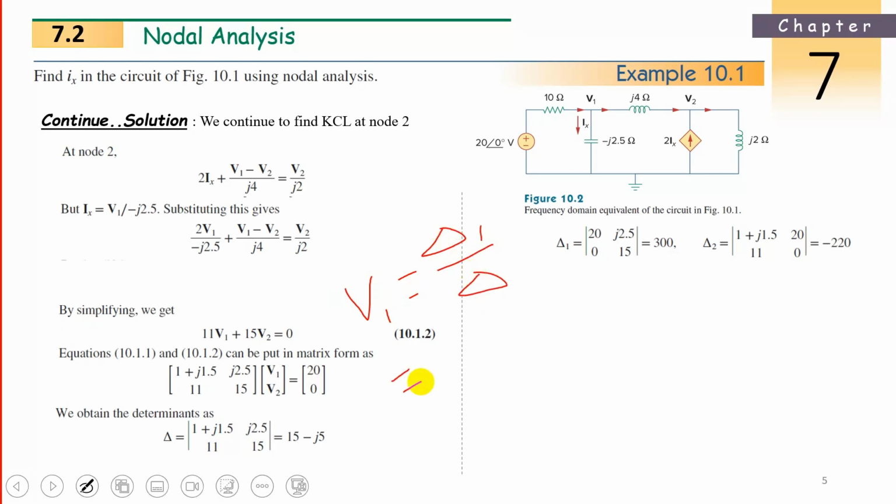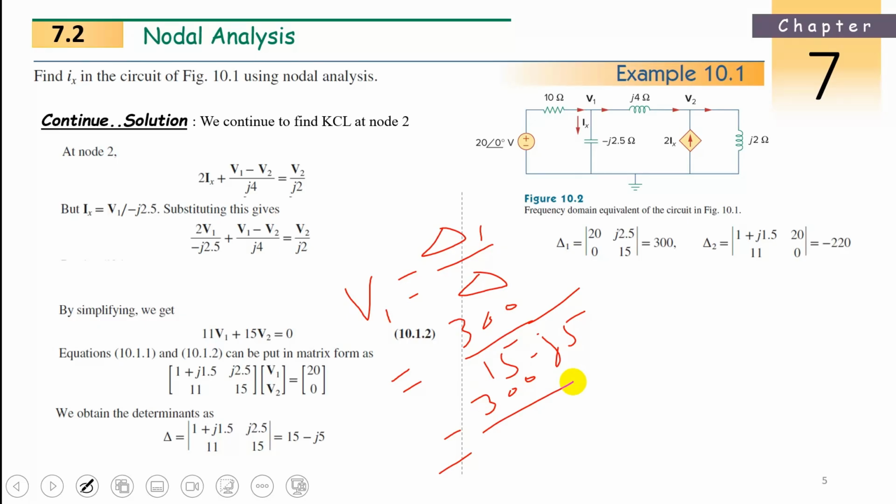What is delta 1? 300 divided by 15 minus j5. For an easy solution, convert 15 minus j5 into polar, and 300 is also polar, so that division will be easy.